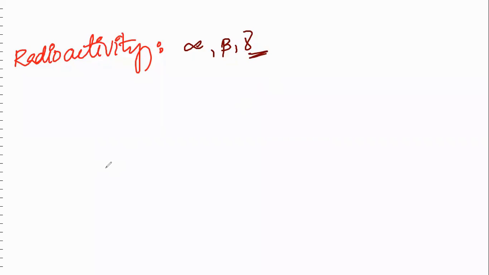When a radioactive substance disintegrates by emitting alpha, beta particles and gamma radiation, that we call radioactivity. It is a spontaneous phenomenon. Whenever the decay happens, it may release alpha, or it may release beta, or it may release gamma radiation.